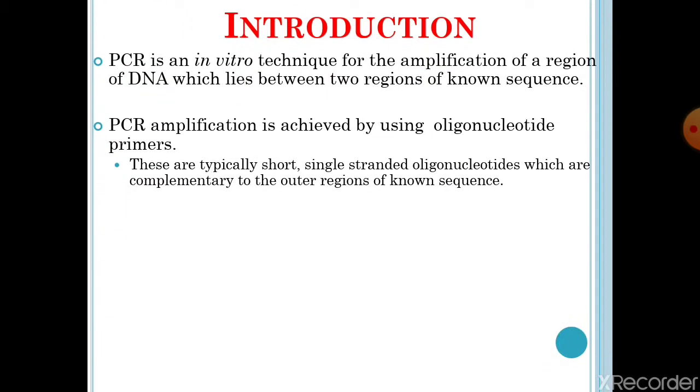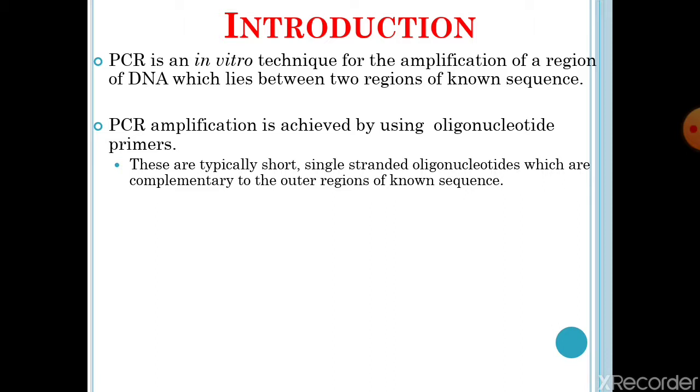Let us have some introduction about PCR. PCR is an in vitro technique for the amplification of a region of DNA which lies between two regions of known sequence. So it is the in vitro amplification of a particular segment of DNA, the sequence of which is known to us. Now the PCR amplification requires oligonucleotide primers.